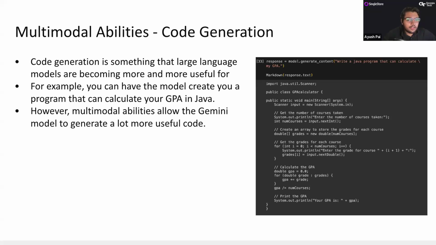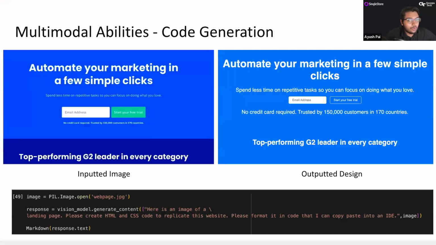And here's a really cool example, where we're extending its multimodal capabilities to code generation. We're transforming visual elements into functional HTML and CSS code. The prompt tells the model, here's an image of a landing page.